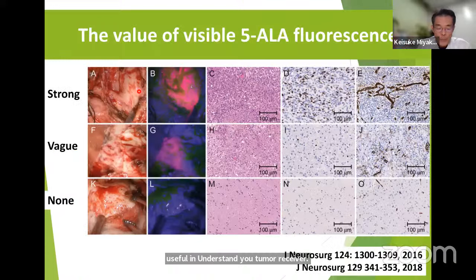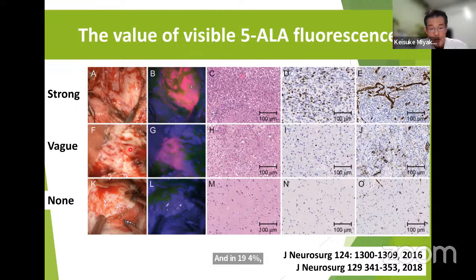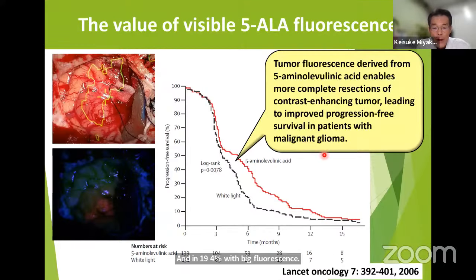In addition, we believe the fluorescence-guided resection with 5-ALA surgical removal is very effective. Tumor tissue was detected in all samples with strong fluorescence, and in 94% with vague fluorescence. This paper shows that 5-ALA guided resection results in improved progression-free survival.